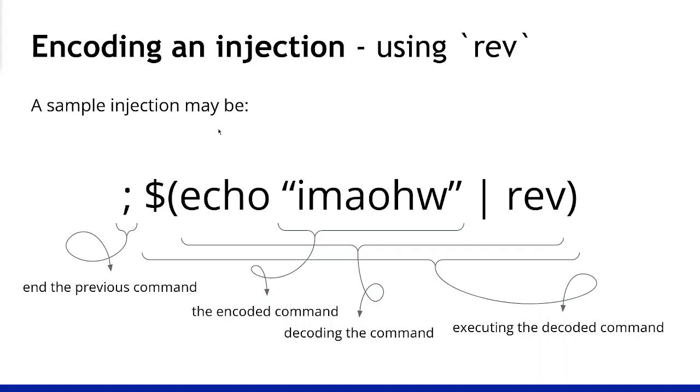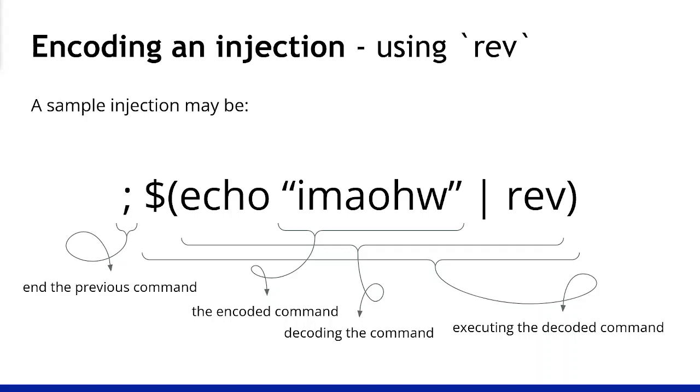So in this case, we have our encoded command, which is IMAO HW, or who am I backwards. And that's being placed into this rev command. Essentially, it looks kind of messy, but what rev does is it's a command that's found on, again, every, with an asterisk, all Linux distributions.